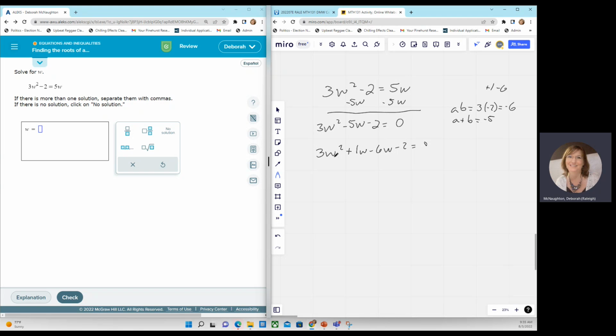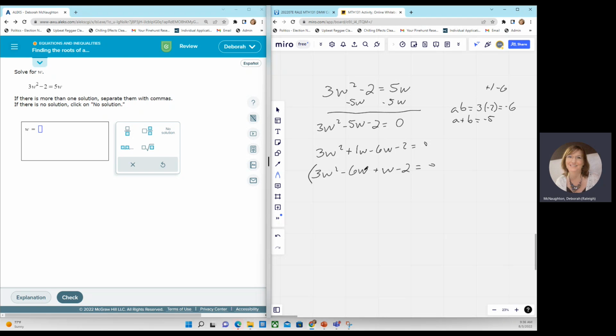Okay, I mean, I can, but I'll just end up pulling out a w. So I want the 6 to go by the 3w squared: 3w squared minus 6w plus w minus 2.